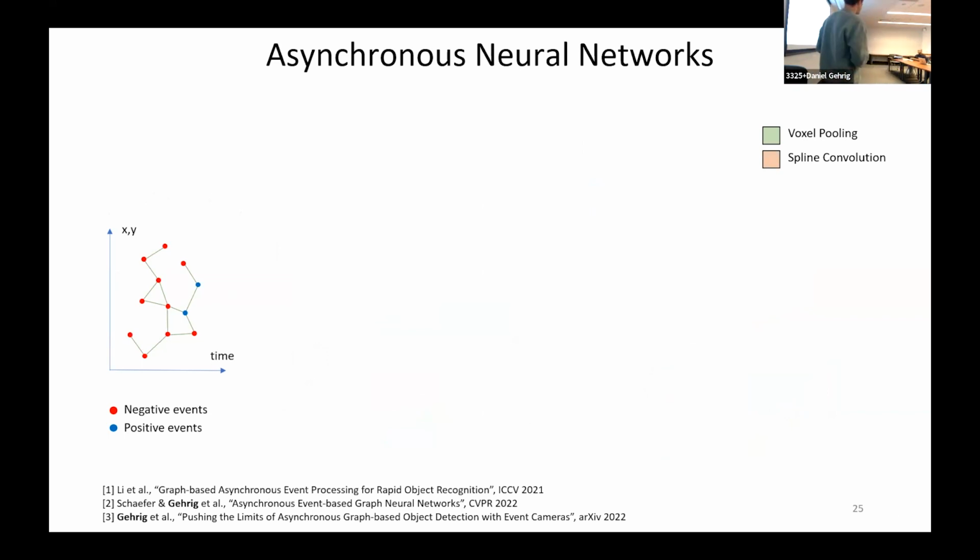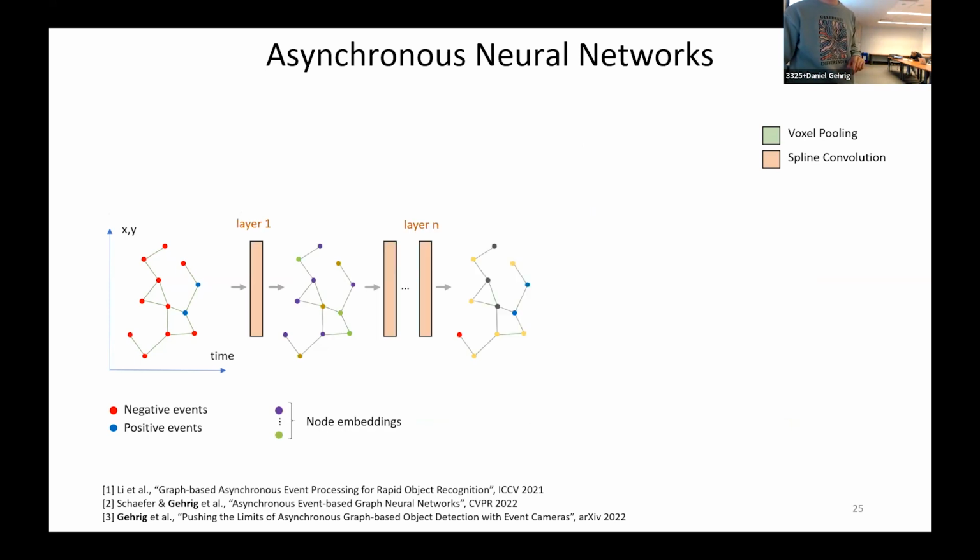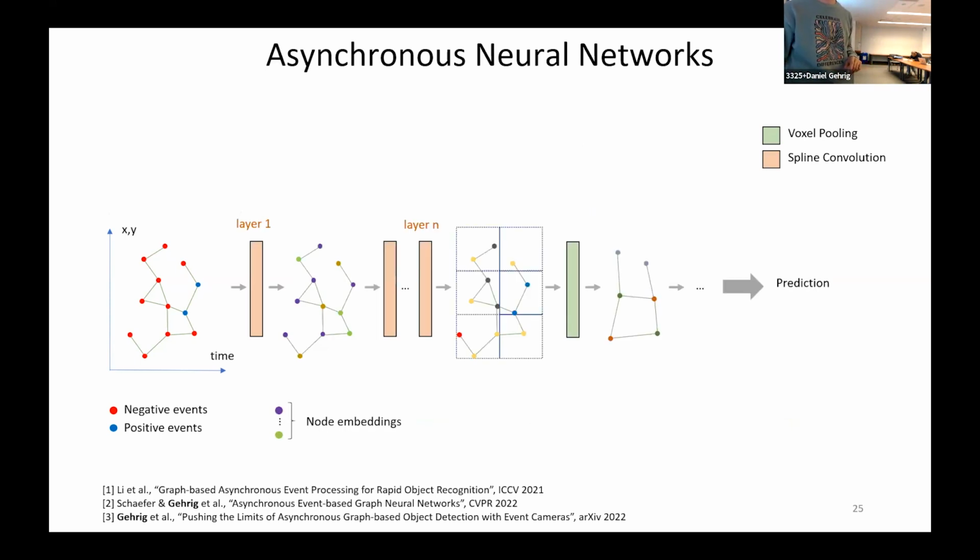So here, let me show you in a little more detail how such a sparse update would look for a graph neural network. We have here a graph of events. We're processing them in sequence. And now imagine we get a new event at timestamp t. Graph neural networks send messages between nodes. So if you wanted to get the exact same output as if we were processing a new graph, we would have to update the one-hop neighborhood of this graph one layer down.